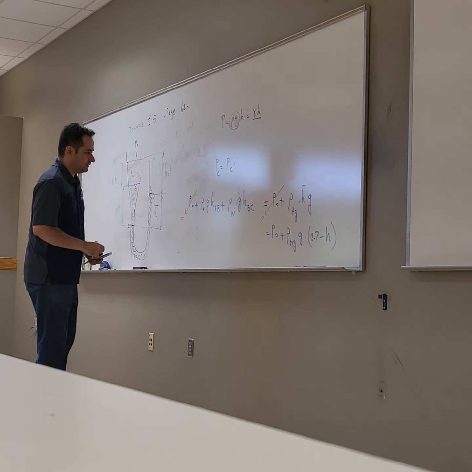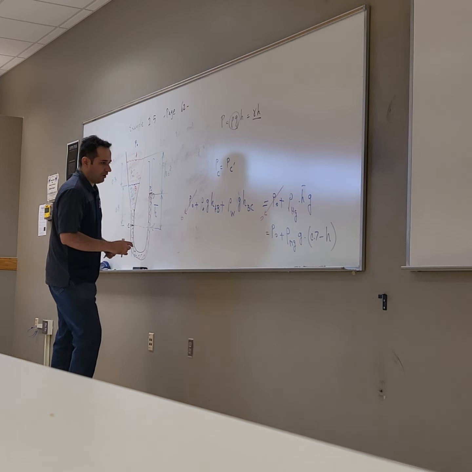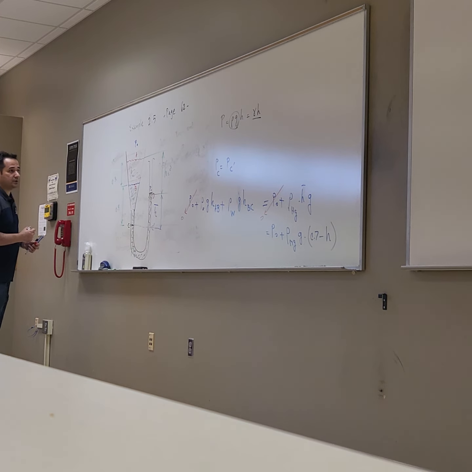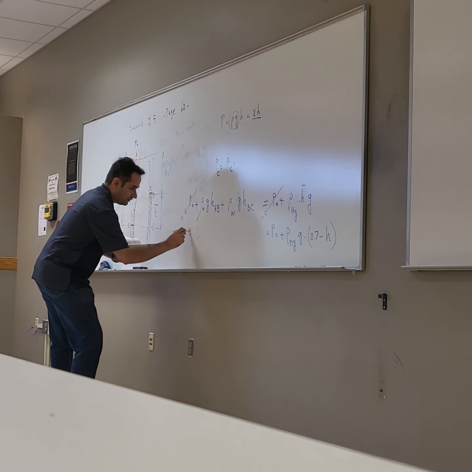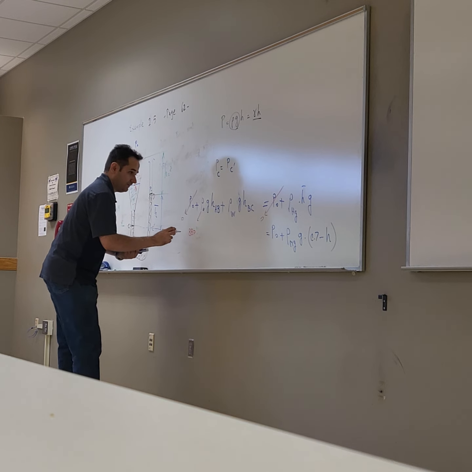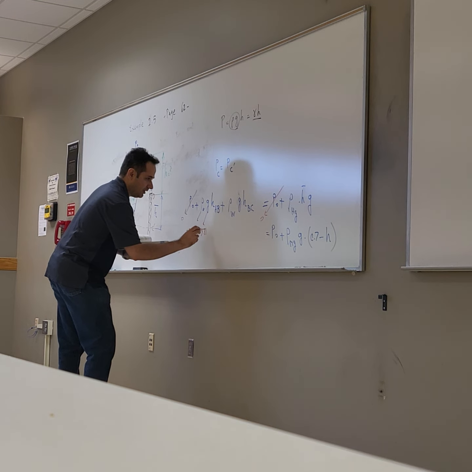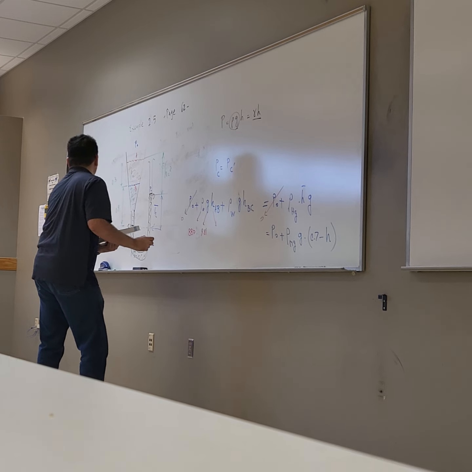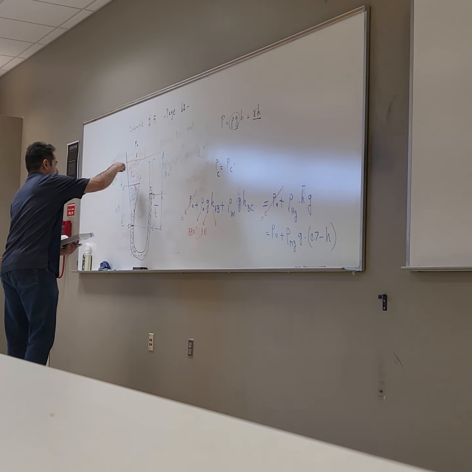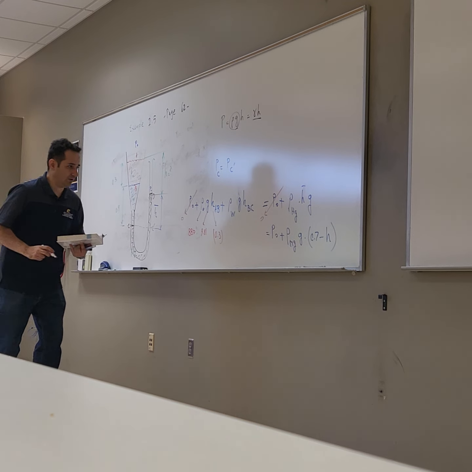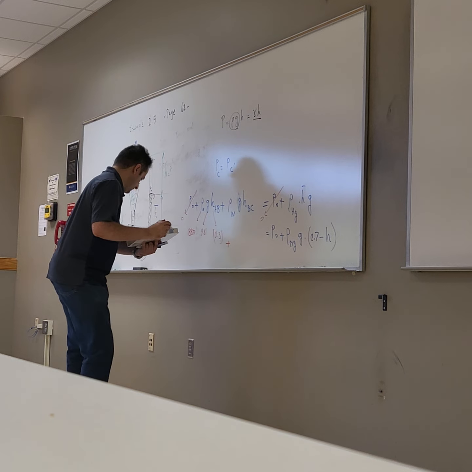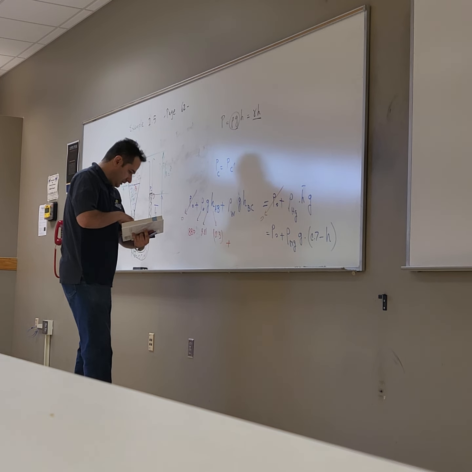Now let's plug in the numbers. For the rho of oil, what was the rho? You have to put it here. The rho of oil is 880, times 9.81, times h, which is 0.3. You want to make sure this is all in meters, right? Plus rho water, which is 1,000, hopefully. Yes.